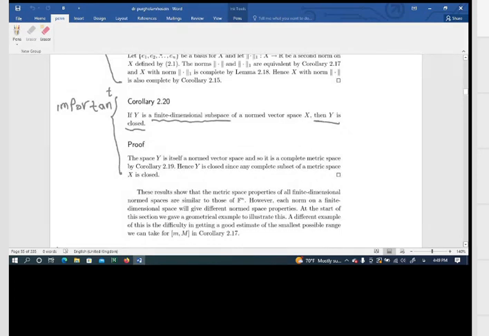If Y is a finite dimensional subspace of a normed space X, then Y is closed. Y is itself a normed vector space, so it is a complete metric space, and every complete metric space is closed.